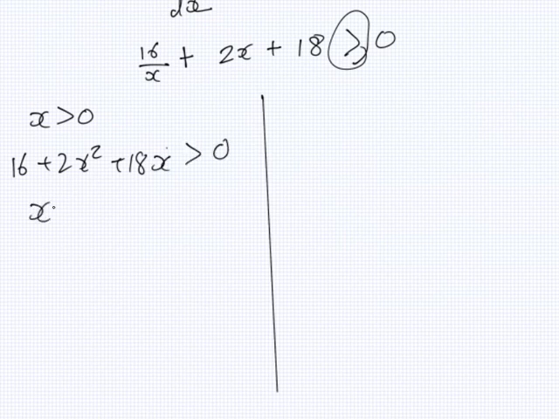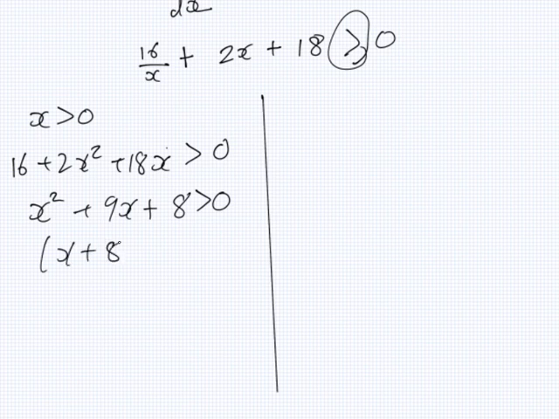So I get x squared plus 9x plus 8 bigger than 0. So I get x plus 8, x plus 1 bigger than 0. It's just minus 1 and minus 8. There's minus 8, there's minus 1.